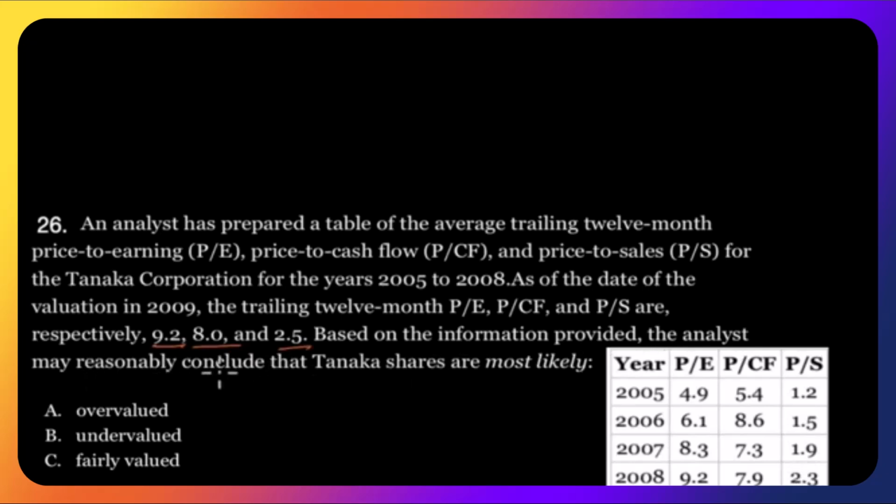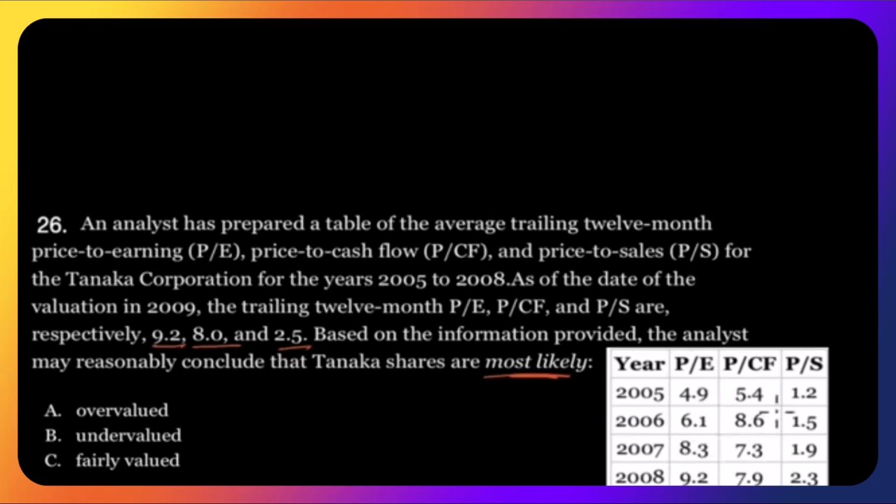The analyst may reasonably conclude that Tanaka shares are most likely overvalued, undervalued, or fairly valued. Well, if these were constant, in other words, in 2005, if the market was paying 20 times earnings, and in 2006 was paying 20, and 2007 was paying 20, in other words, it was selling for 20 times earnings, and earnings was determining the price, we would say it looks fairly valued.